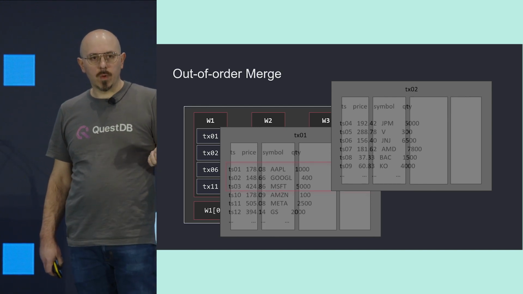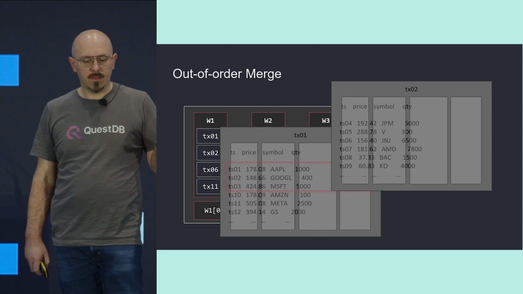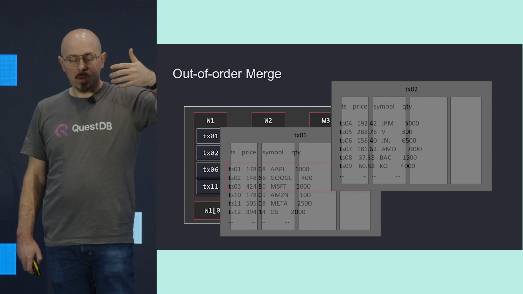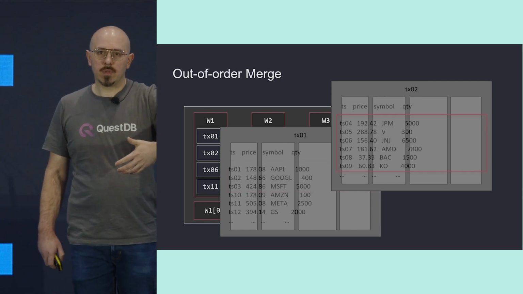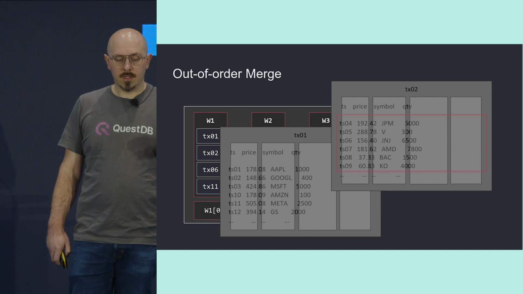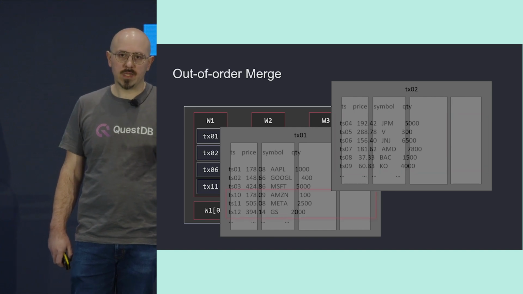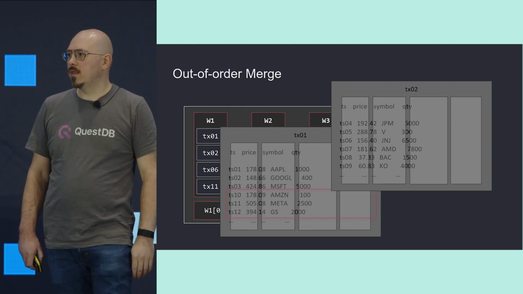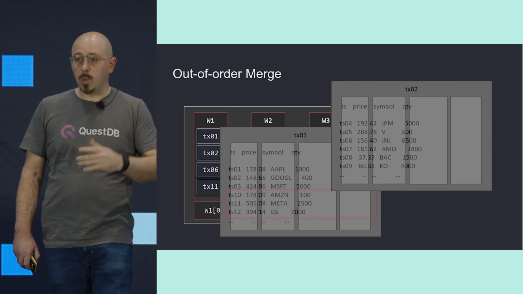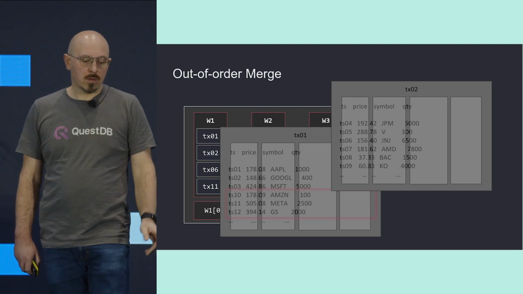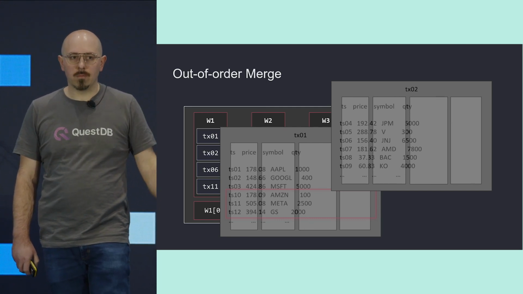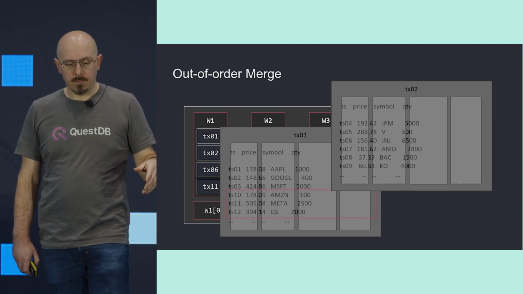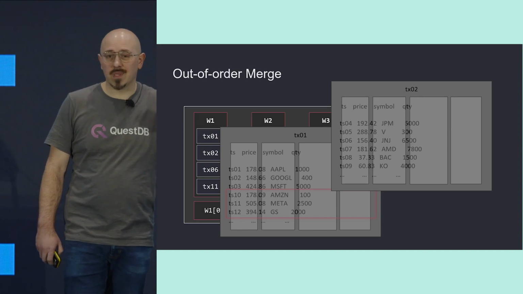So separately, we go through and take the first set of timestamps, merge them in with a second set of timestamps, which we would have on disk, and then the last set of timestamps. And we have this job that runs in the background continuously, updating the queryable data set. And this is an n-way merge of the data that's coming in. And yeah, this happens all the time, and it happens as quickly as possible.